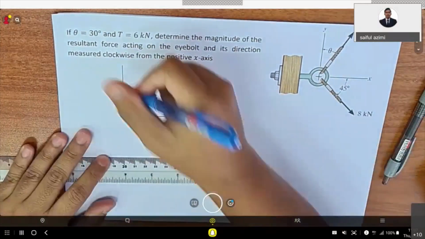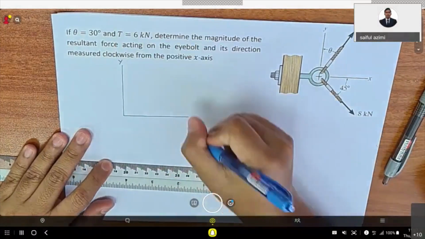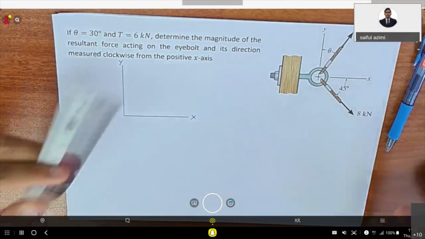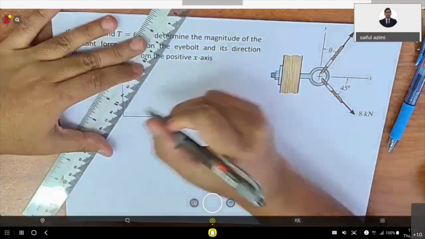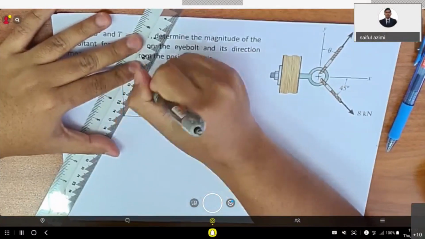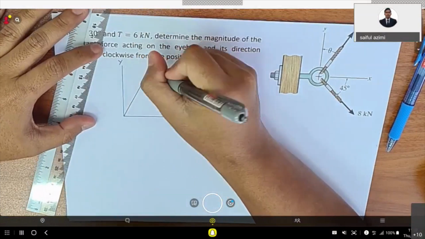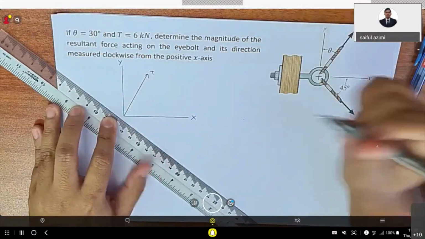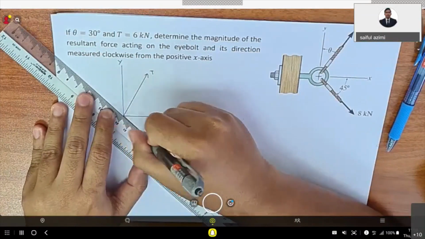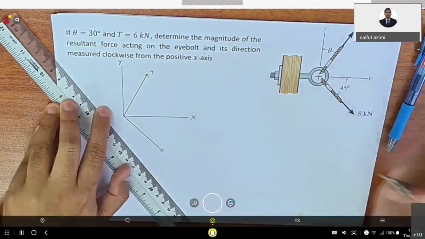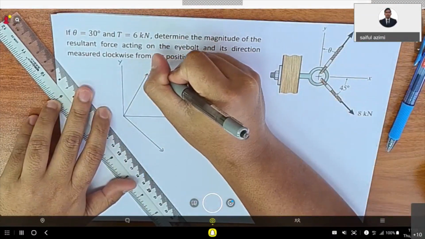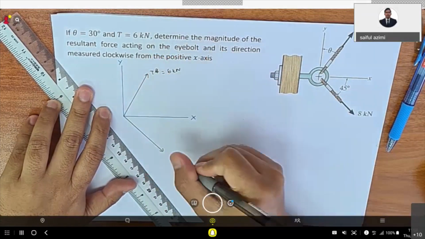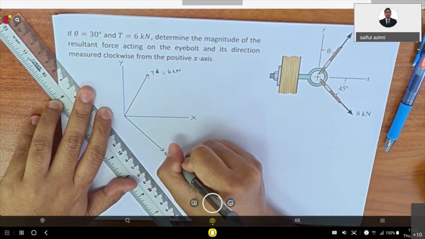So this is y, and this is x. You have a total of two forces here, and you have the forces that are already given here. This is 6 kilonewton, and this is 8 kilonewton.